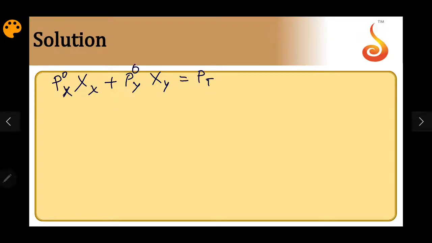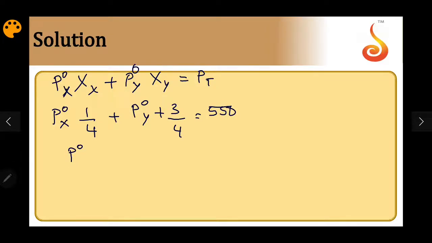So P naught X, I don't know, into 1 by 4 plus P naught Y, I don't know, into 3 by 4 is equal to 550. So multiply by 4 throughout, I get P naught X plus 3 P naught Y is equal to 2200. This is equation 1.